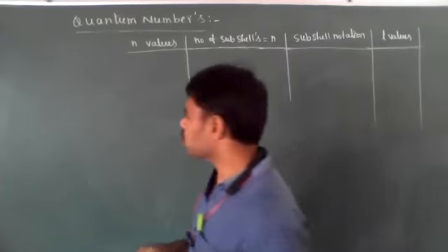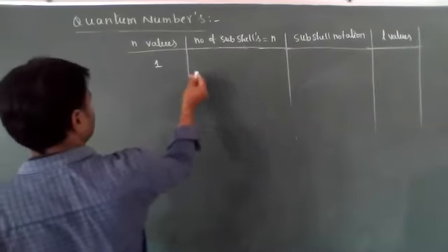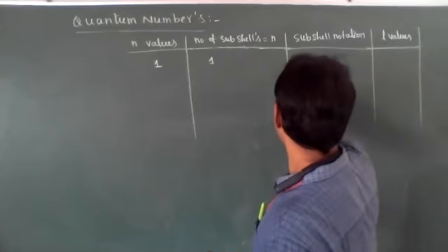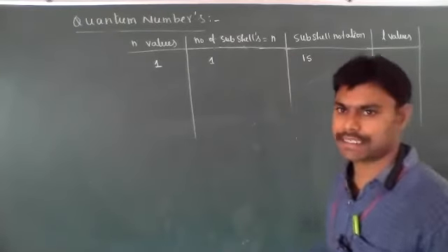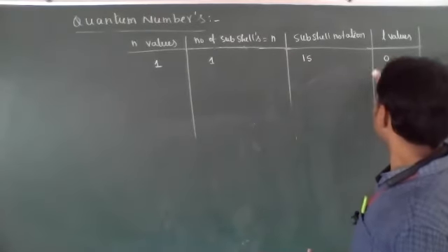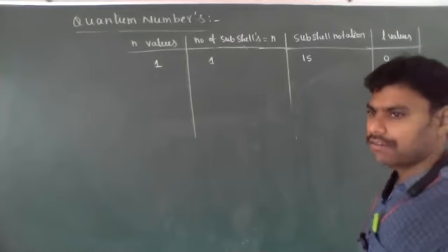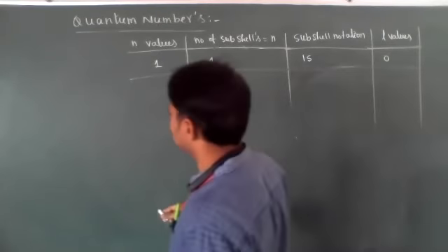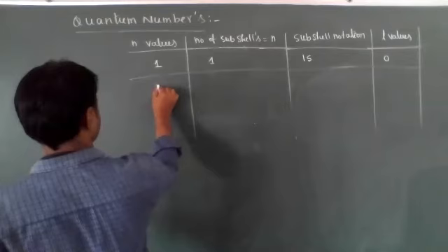Now n value is equal to 1. So how many subcells are present? One subcell is present. What is that subcell notation? 1s, and the L value is 0. For the s subcell, the L value is always 0.